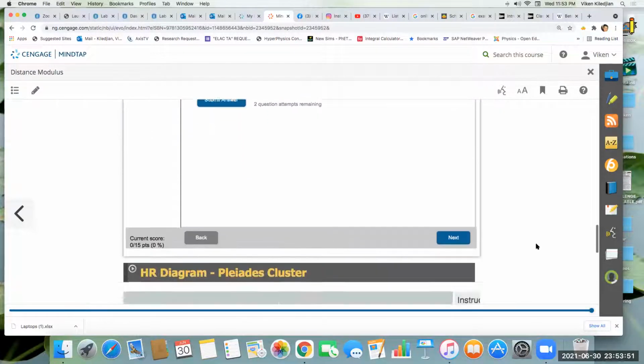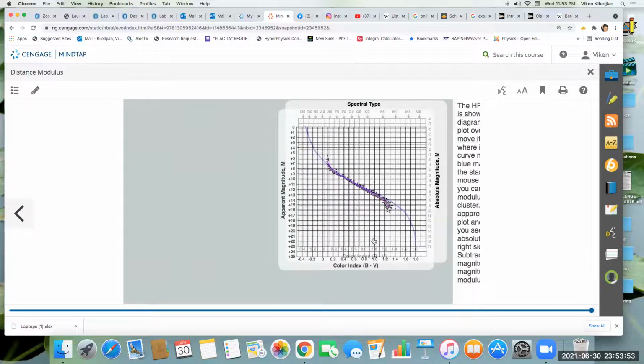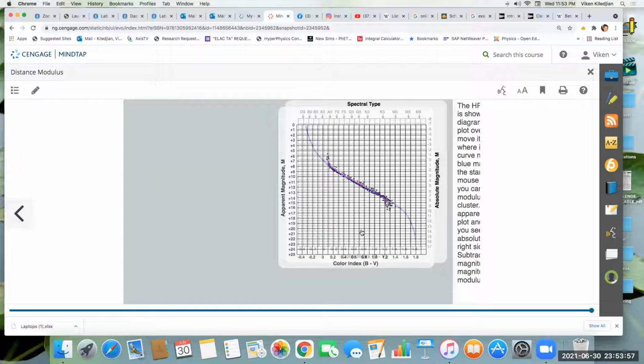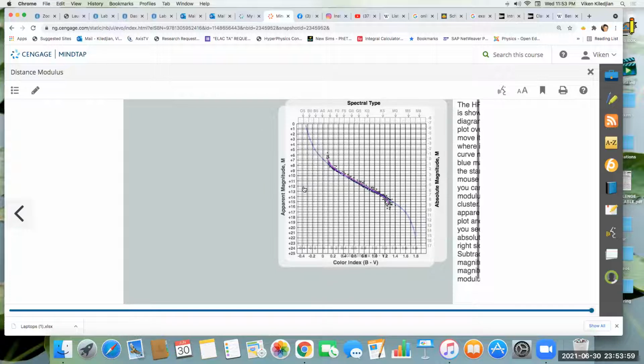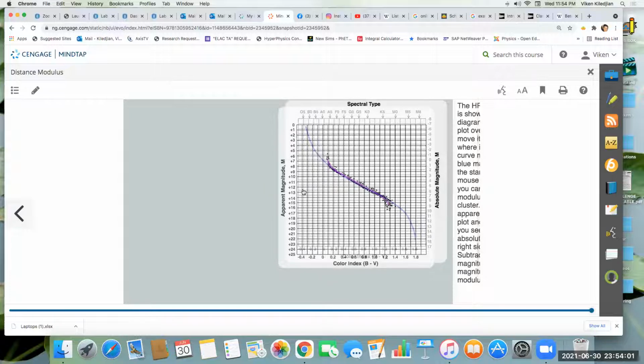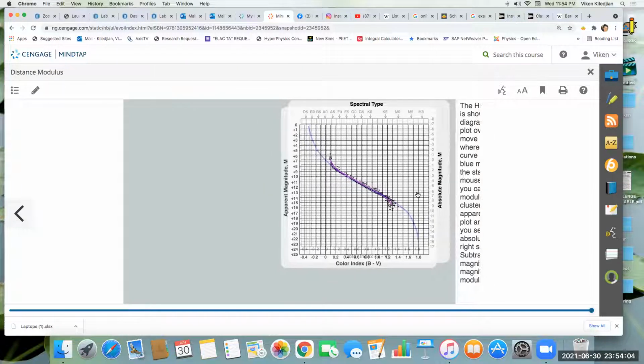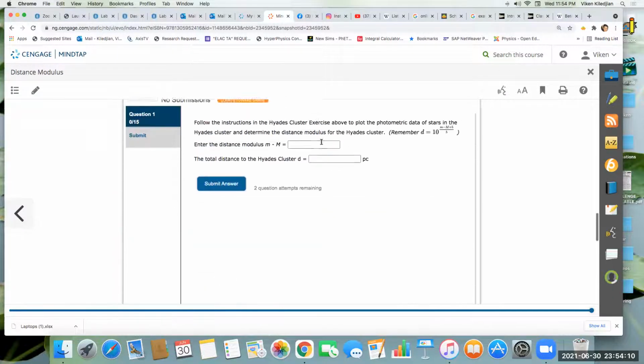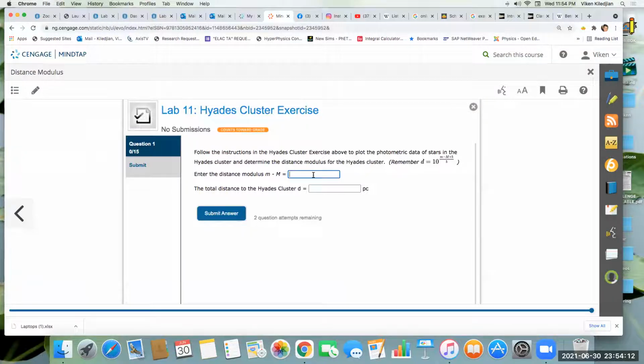Then you would have to go back down here, play with this again a little bit, and you might have to guess halfway between 12 and 11. So it might not be an exact whole number. Then go back up here, change your guess, and put in the distance for your second try, and see if it works.